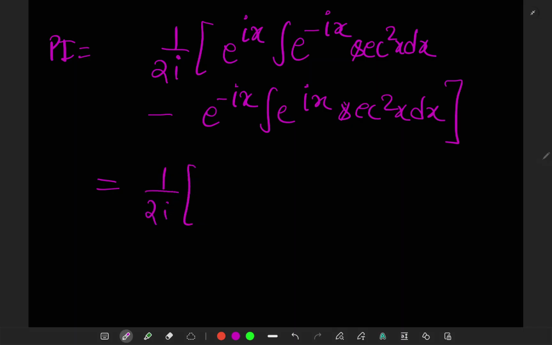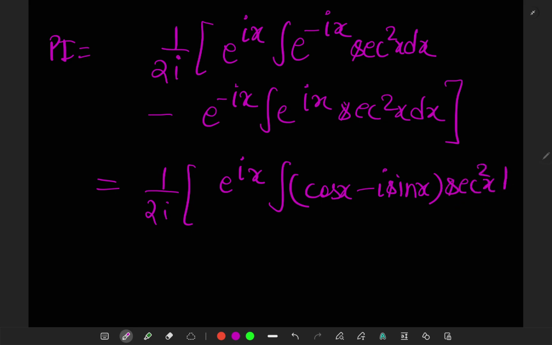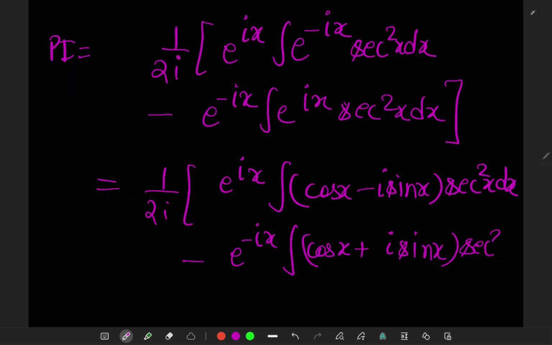Now we can write here e raised to power minus iota x like that. And similarly for e raised to power plus iota x, we can write cos x plus iota sin x, sec square x dx.